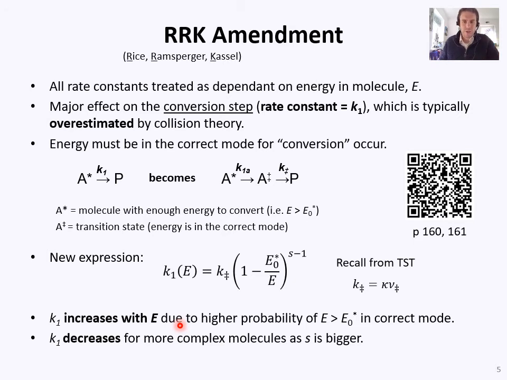But the other key point is that K1 will decrease as you have a bigger S. So for bigger molecules, K1 is going to be effectively smaller, again because you have more modes, so the energy might be split over more modes, and there's less possibility for it to all filter into the one correct mode.